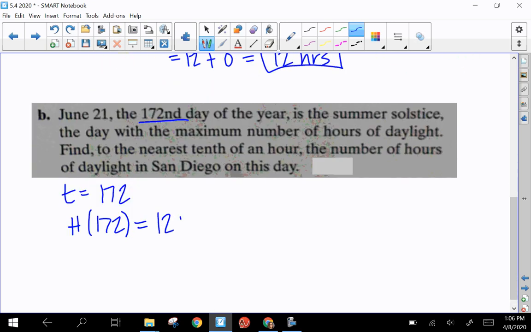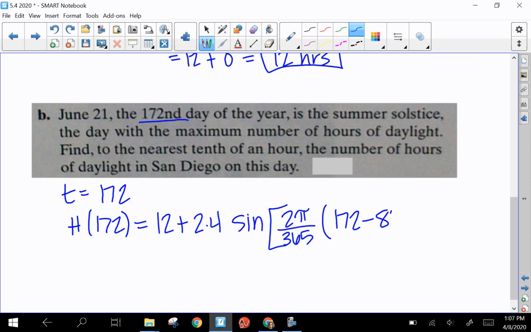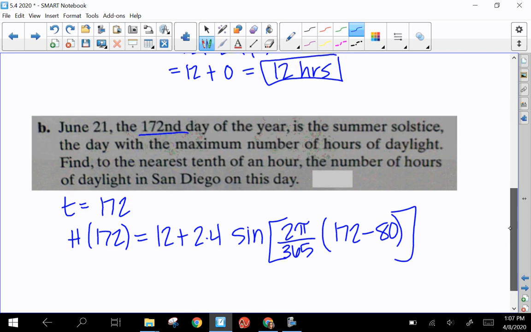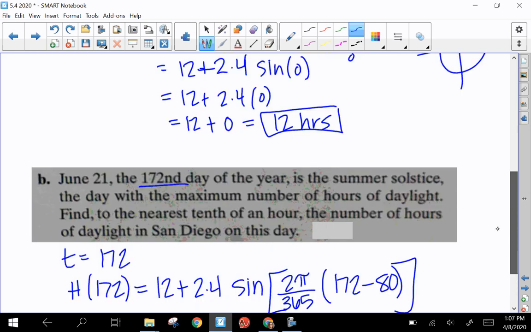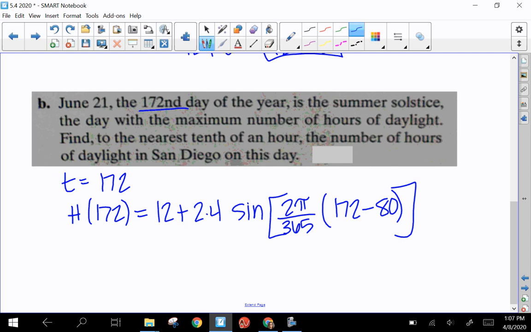12 plus 2.4 times the sine of 2 pi divided by 365 times 172 minus 80. I just want to double check that real quick before I move on. Okay, so some plug and chug here.